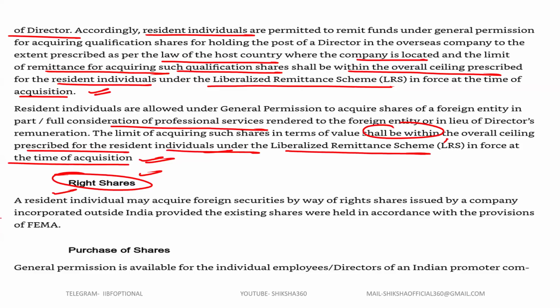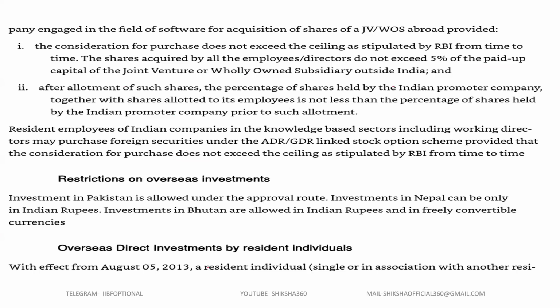Next one, the purchase of shares. General permission is available for the individual employees or the directors of an Indian promoter company engaged in the field, for acquisition of shares of a joint venture or a wholly owned subsidiary abroad, provided, first, the consideration for the purchase does not exceed the ceilings as stipulated by RBI from time to time.